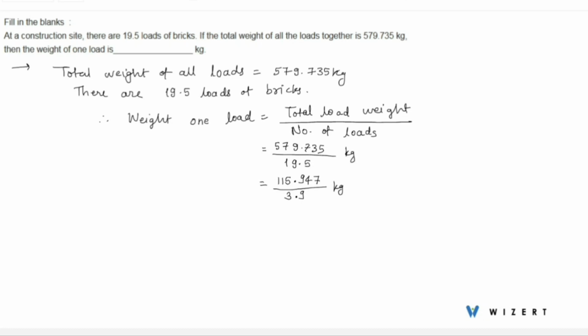Now both numerator and denominator can be divided by 13. So let's see. 13 8s are 104. 115 minus 104 is 11. We'll have to put a decimal point here.